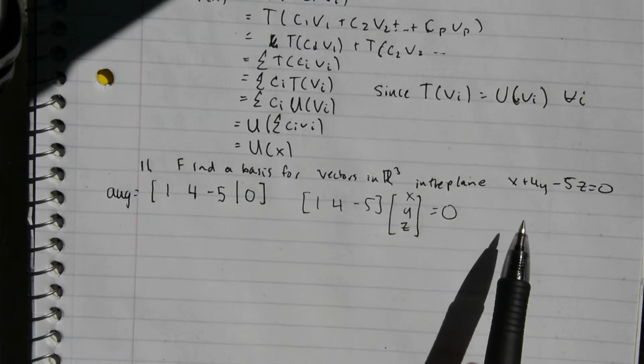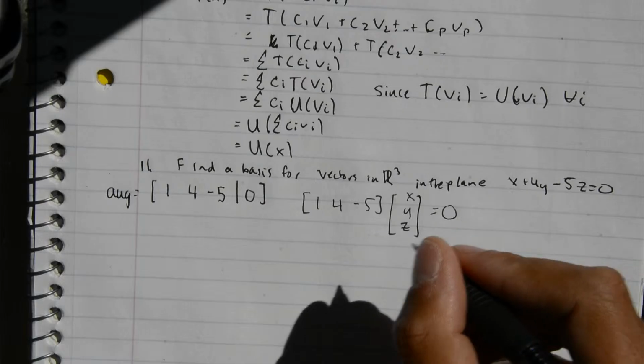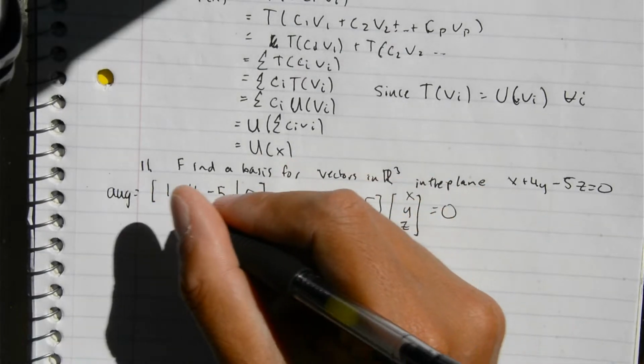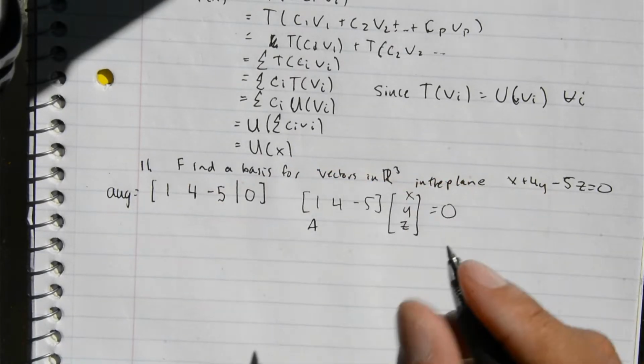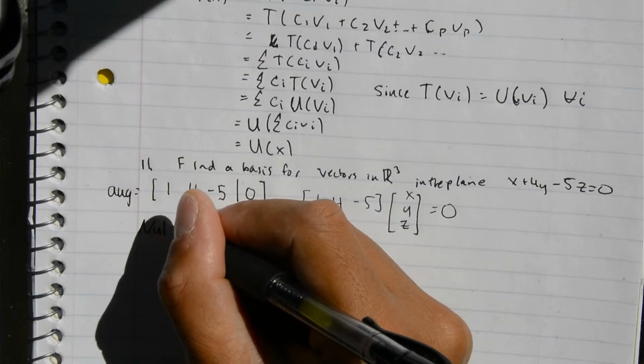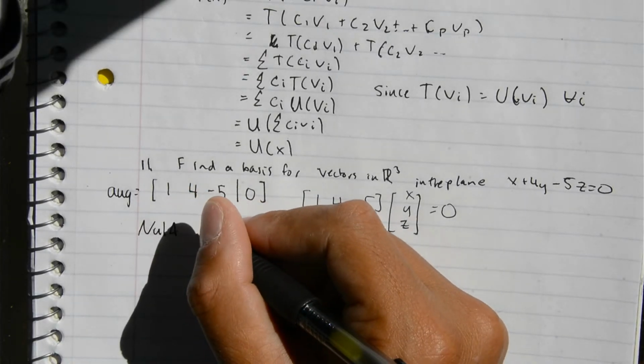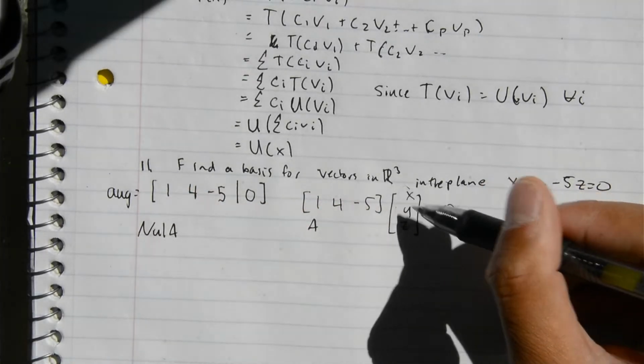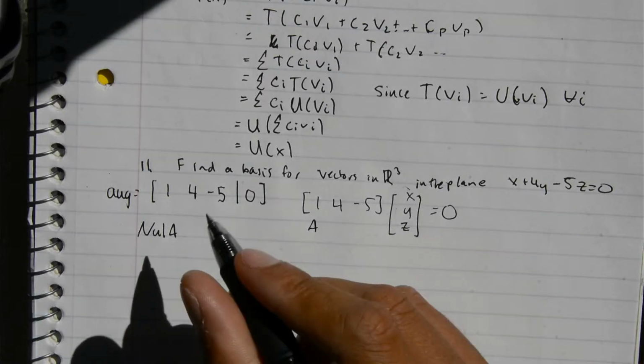But the thing to notice is that for finding a basis, what we're really finding is, if this is A, then we're trying to find Nul A, because we're trying to find a basis for the vectors here that satisfy the equation. So we're trying to find the null space.